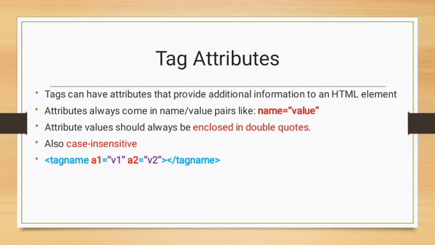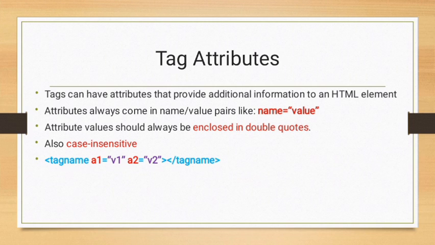So this is the syntax or the grammar of using the tag name and attribute. First you write the tag name, then give a space, then attribute name equal to, within double quotes, the value. If there is more than one attribute you want to specify, you can specify by giving a space.